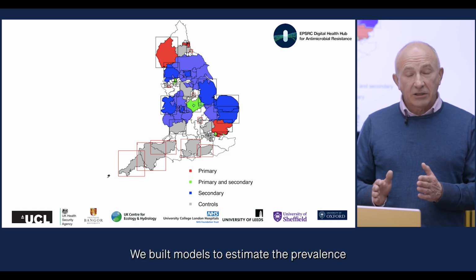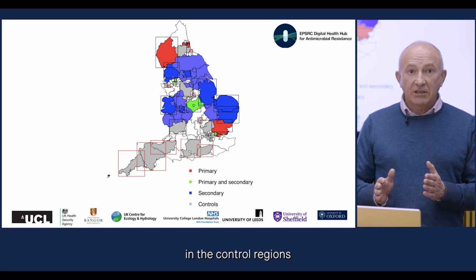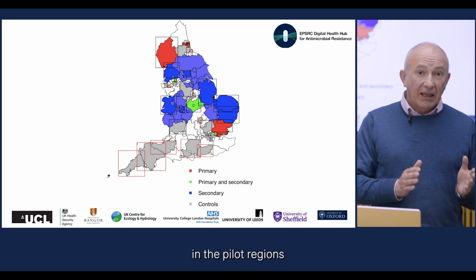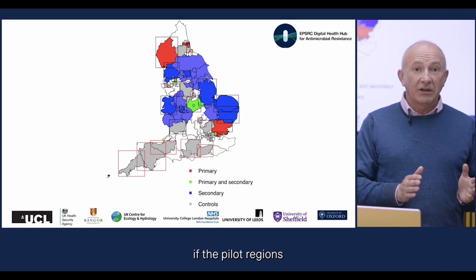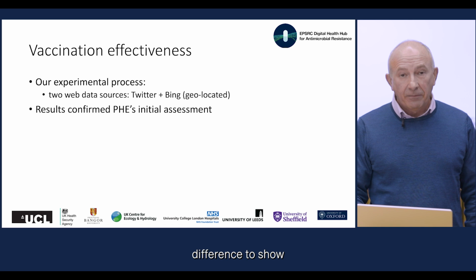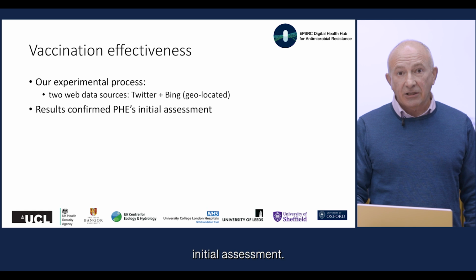We built models to estimate the prevalence in the control regions and use the control regions to estimate the prevalence in the pilot regions if the pilot regions had not been vaccinated. And we could look at that difference to show if there was any effectiveness. And our results confirm Public Health England's initial assessment.